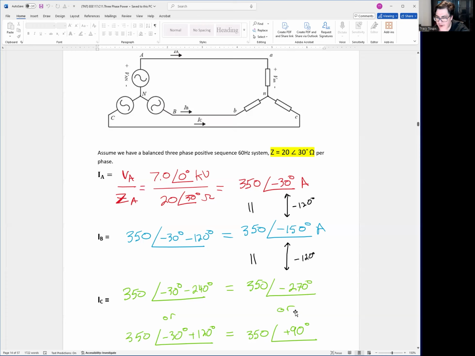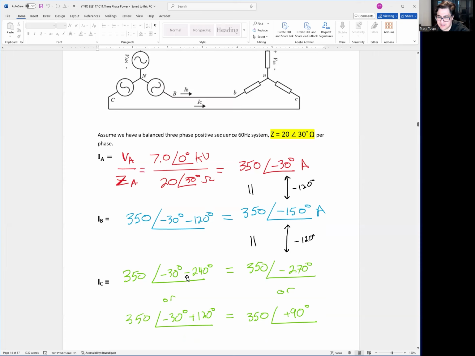Or we could swap it around and say, instead of negative 240 degrees, we add positive 120 degrees and say this is positive 90 degrees. So negative 270 degrees and positive 90 degrees are the same exact angle. Okay. So notice that it's still a balanced system, even though the phase angles are all shifted a little bit. That's perfectly fine and legal.